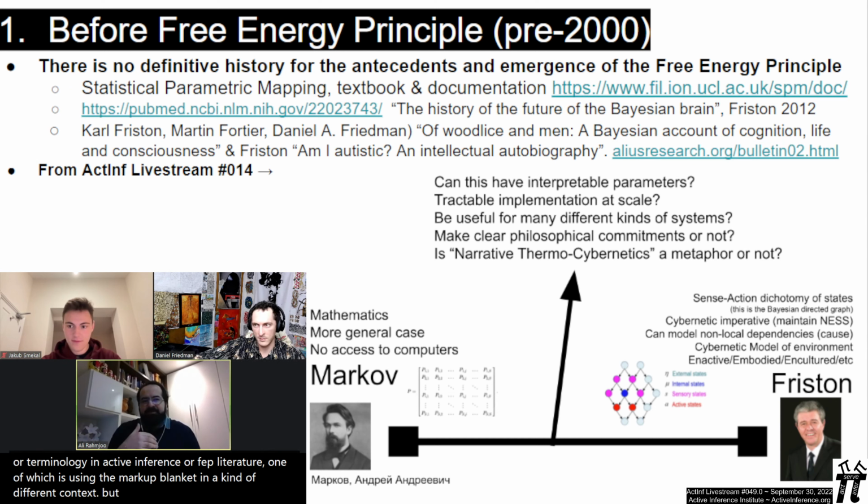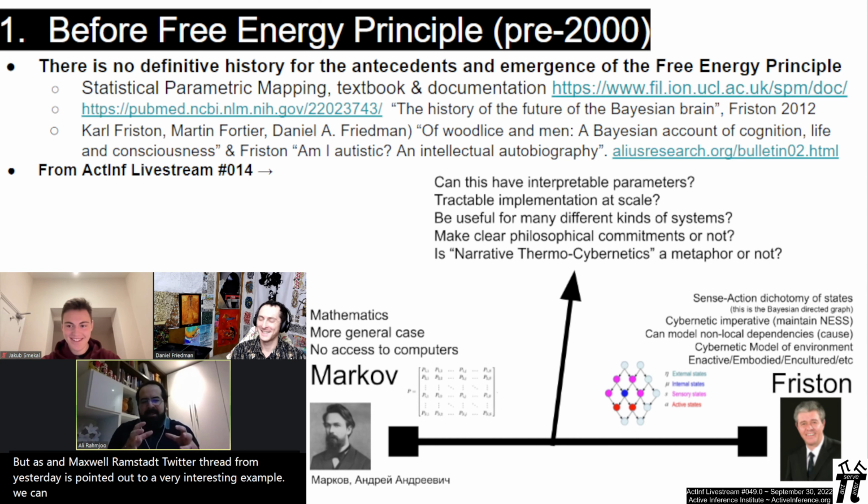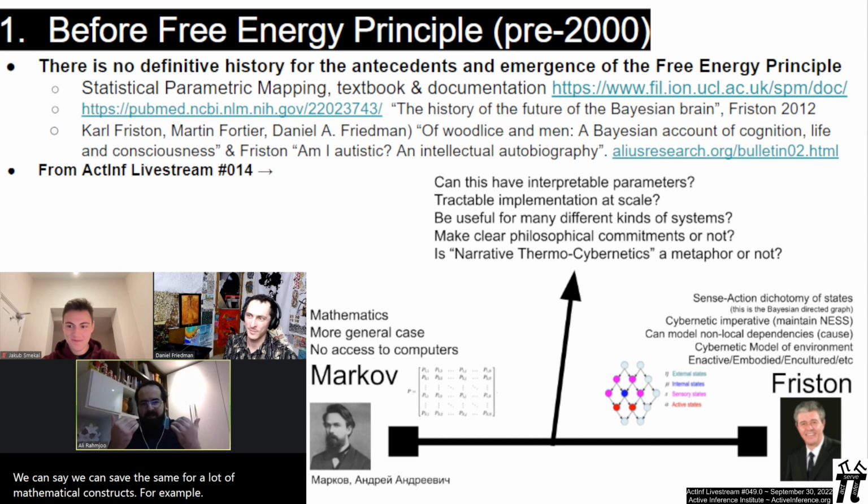But as Maxwell Ramstead's Twitter thread from yesterday has pointed out with a very interesting example, we can say the same for a lot of mathematical constructs. For example, we can look at the concept of zero as a purely mathematical construct, but used in different contexts.